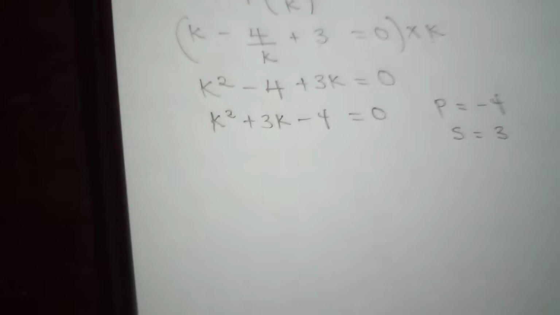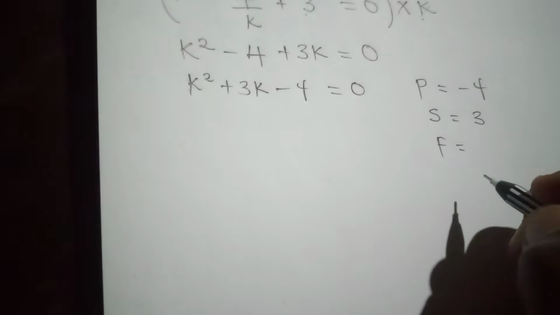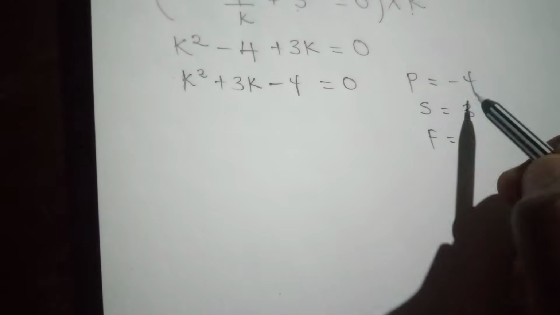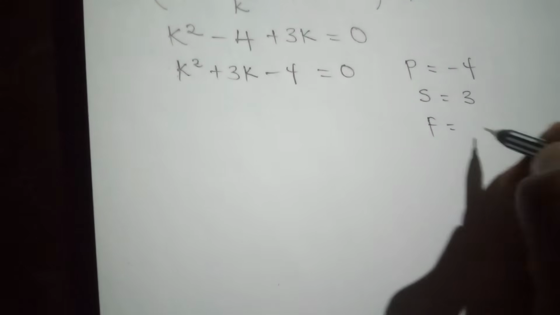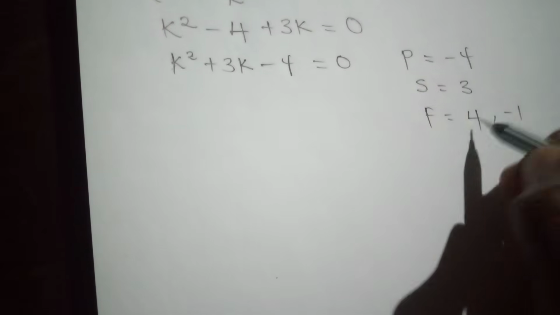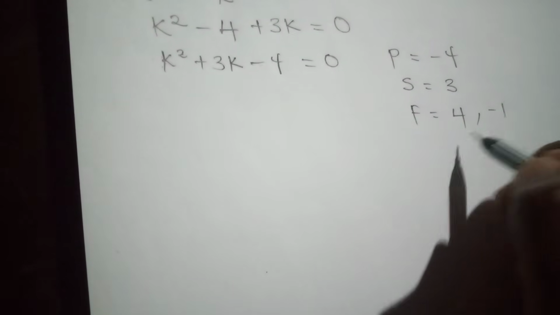And then factors. There are numbers that when you multiply you get the product, and when you add you get positive 3. So that is 4 and negative 1. When I multiply 4 times negative 1, that is negative 4.